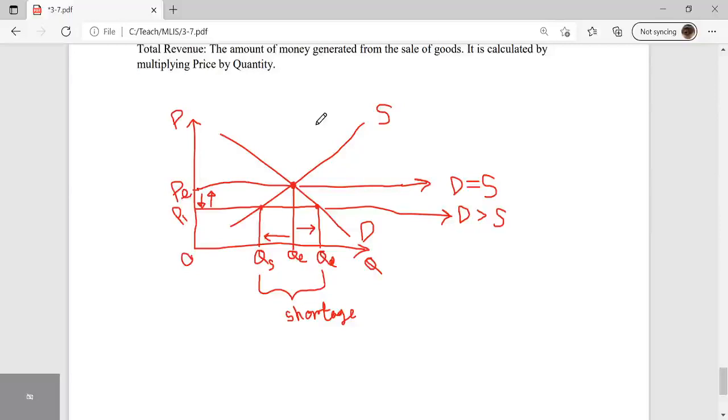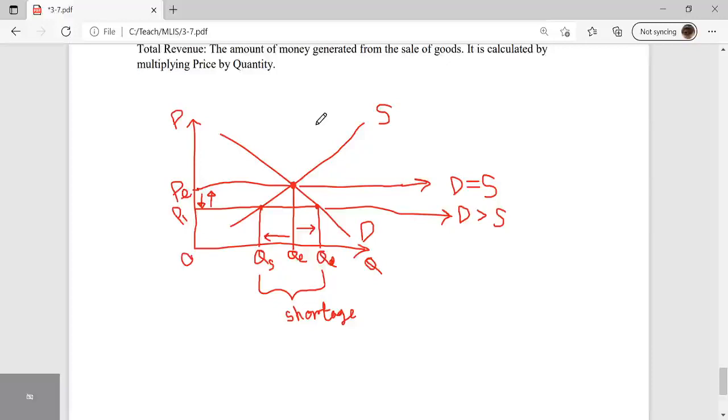Okay, so that's excess demand. I'm repeating what's happening. In excess demand, the demand is greater than supply. It may be caused by a fall in price. This fall in price will lead to a disequilibrium, where demand is greater than supply, and as a result there will be a shortage in the market.